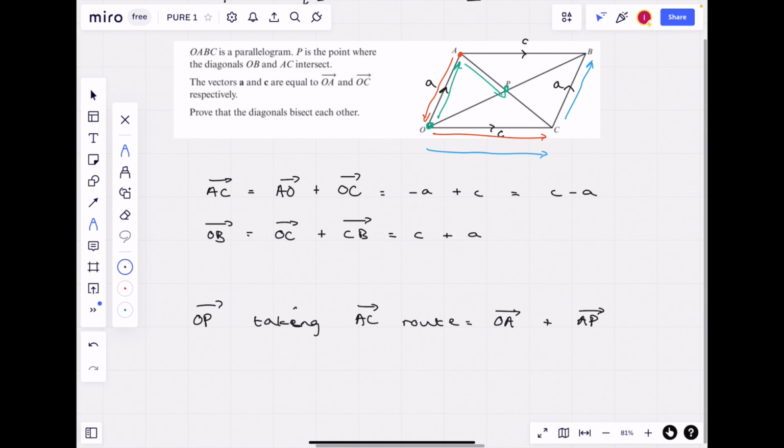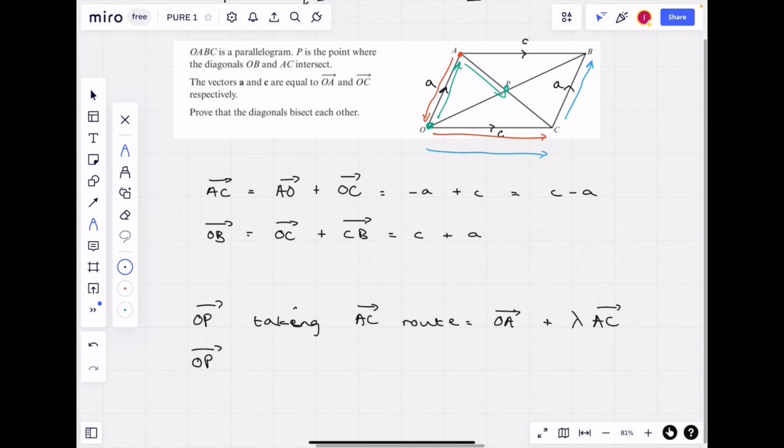We don't know what that fraction is. So what we write instead is lambda AC. It's a multiple of the way, or it's a fraction of the way. We don't know what that fraction is. We use lambda. Okay, that's one route.